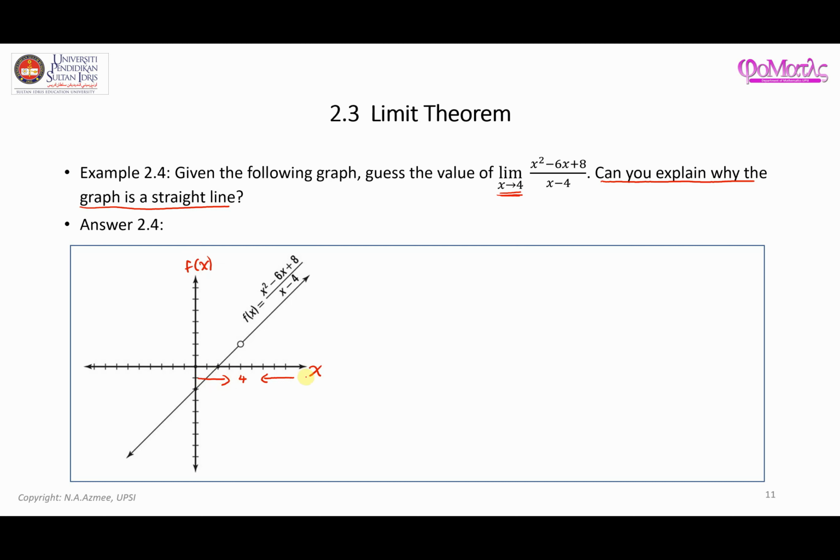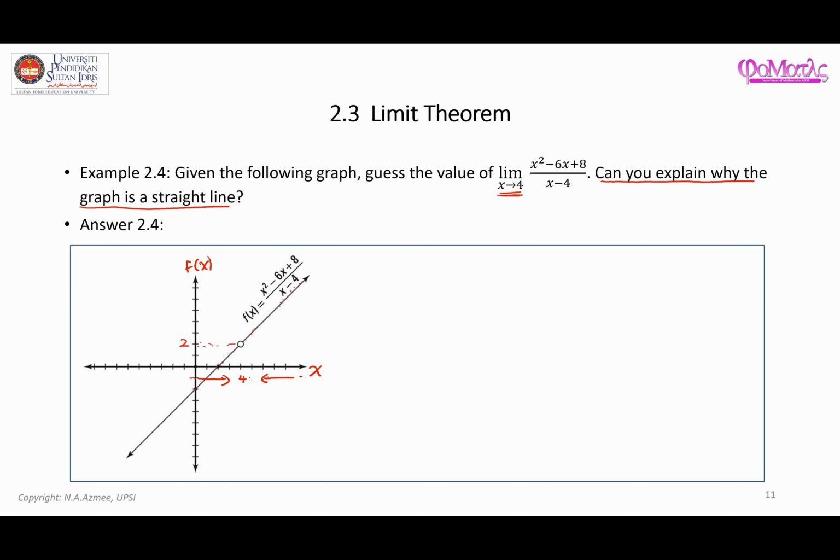So when x approaches 4 from the right direction, you will see that the value of f(x) is going downwards, and it will approach this value here, which is equal to 2. Similarly, if x approaches 4 from the left direction, the value of f(x) is going upwards, and it will be very close to 2.